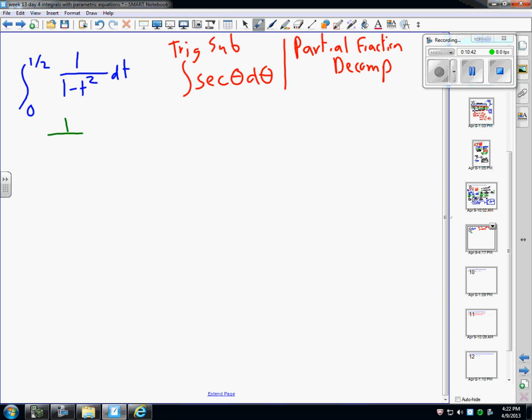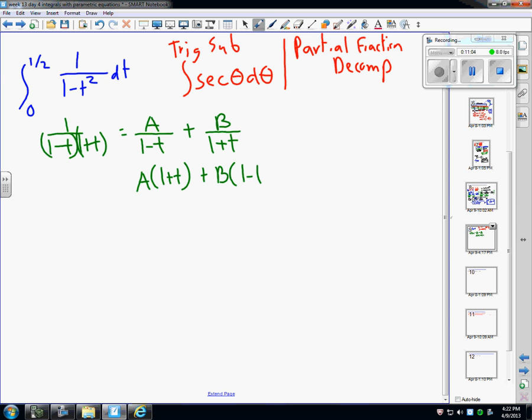I'm going to say this is 1 over (1 minus t)(1 plus t). Okay? So I want to say this is A over 1 minus t plus B over 1 plus t. Okay? Which is A(1 plus t) plus B(1 minus t) all needs to equal 1. You remember some of the clevers.